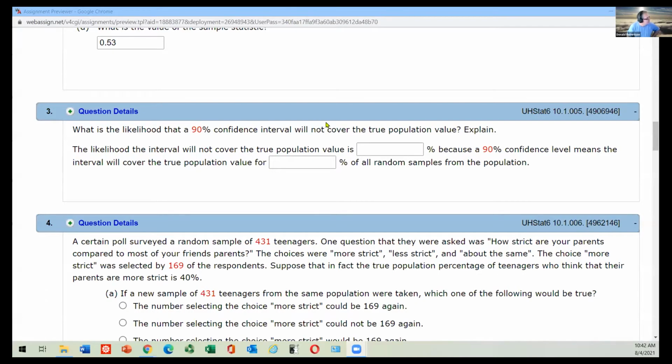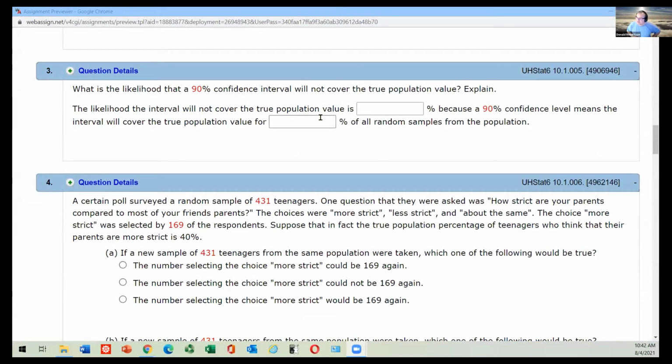Are you looking at question 3 now? Okay, so what is the likelihood that a 90% confidence interval will not cover the true population value? What would the answer be?